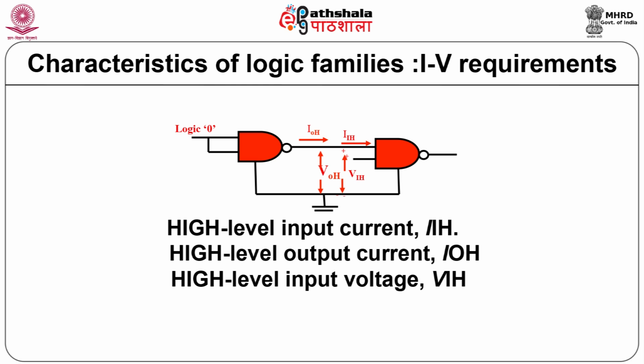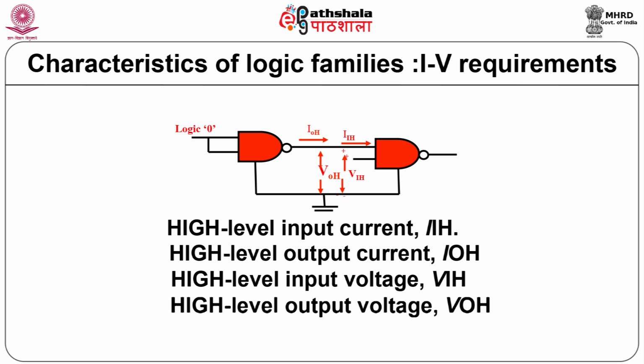High level input voltage is the voltage when input is logic high or logic 1, and high level output voltage is VOH, that is when the output voltage is logic 1.